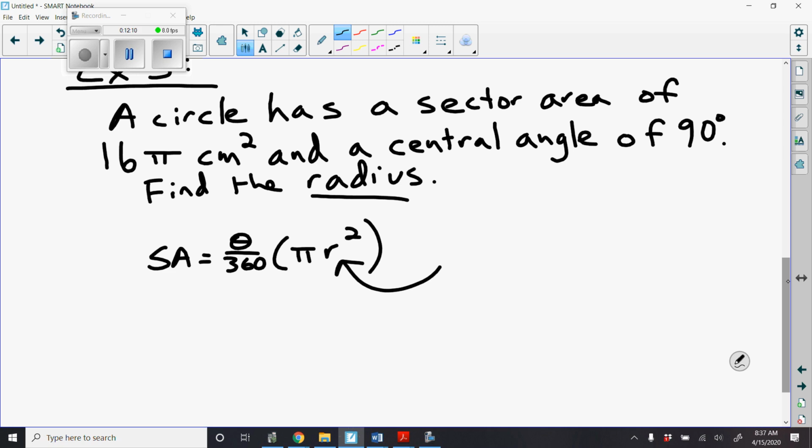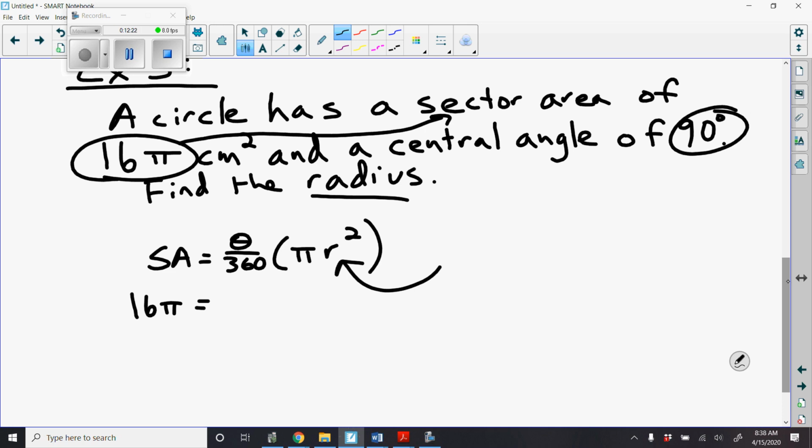So let's go ahead and do that. 16 pi, remember, is the sector area, so that's going to go in here. 90 degrees is my central angle, so that's going to go in here. And r squared is my unknown.